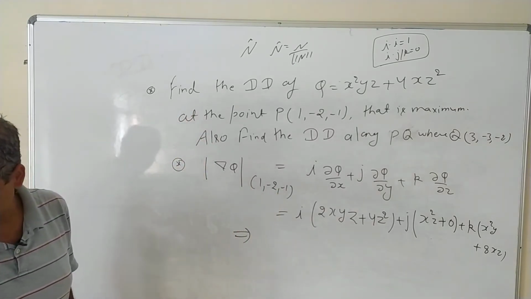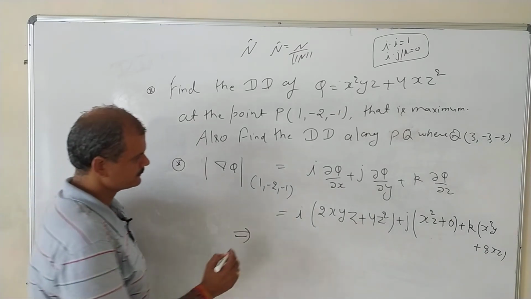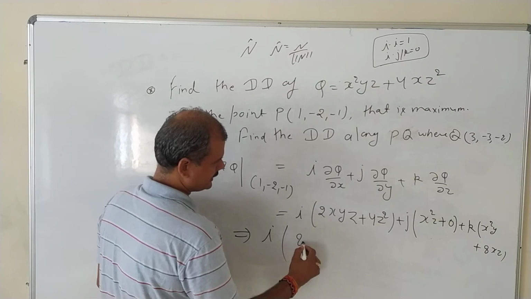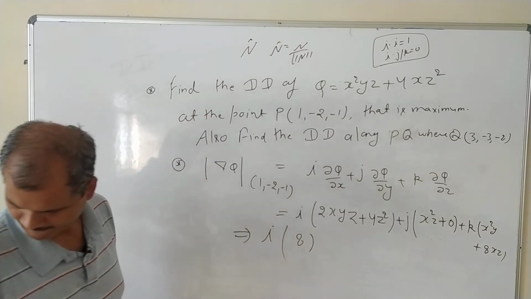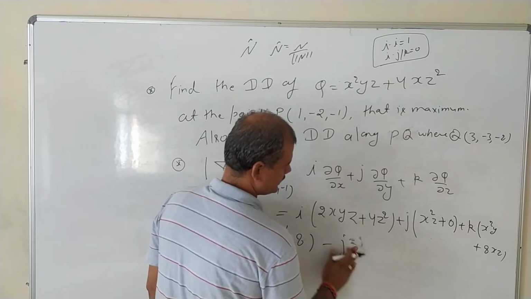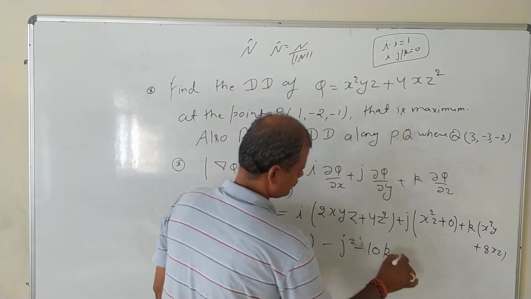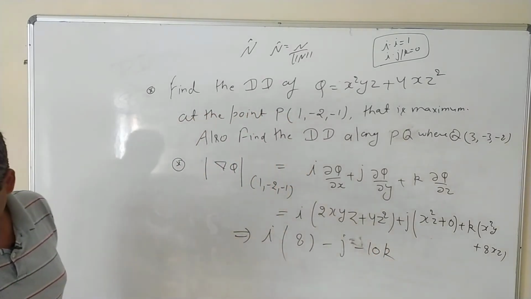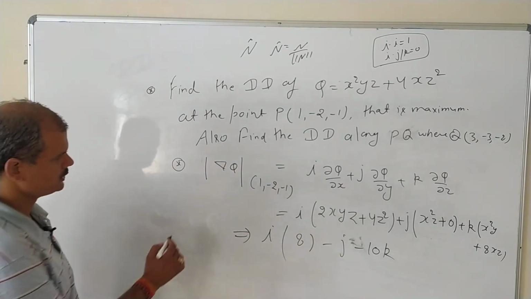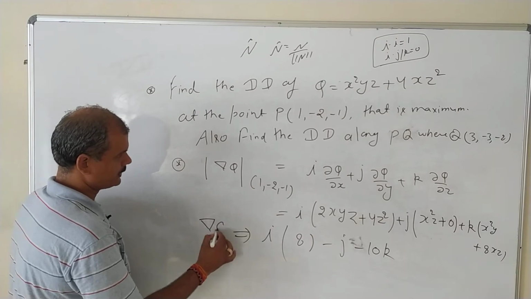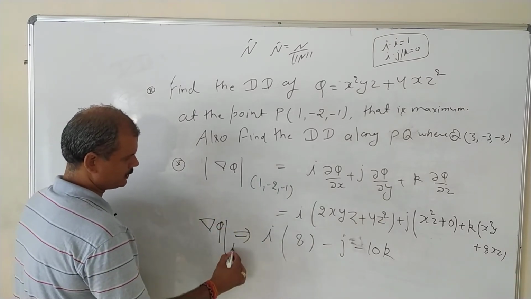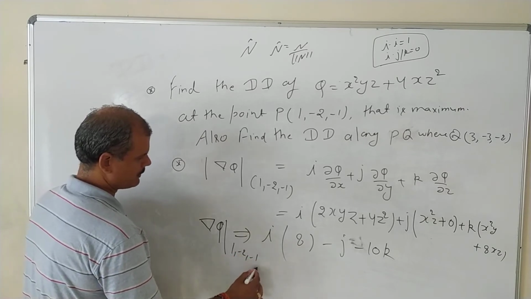Now at the point (1, -2, -1), if you simplify, we get 8 for i, minus j, and minus 10k. So 8i minus j minus 10k is your gradient of phi at the point (1, -2, -1).